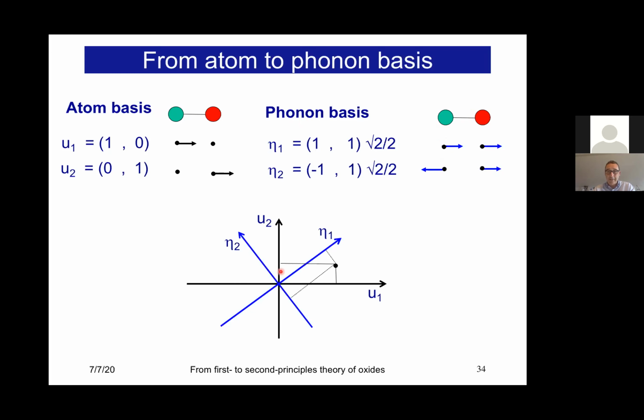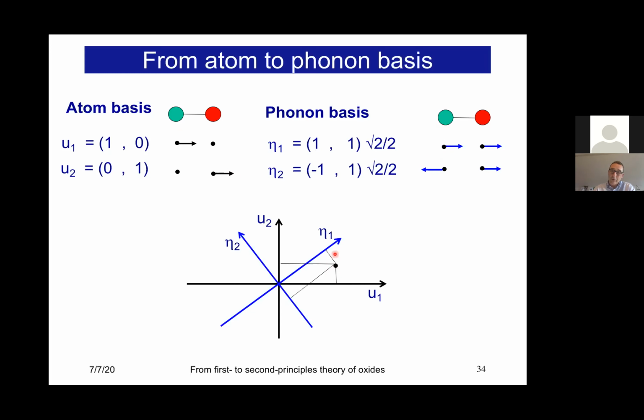Now, when I have a distortion of this molecule here, that corresponds to a point somewhere, I can express it in this basis here, in terms of a given amplitude of U1, a given amplitude of U2, but I can also see it as a given amplitude of eta 1 and another amplitude of eta 2.